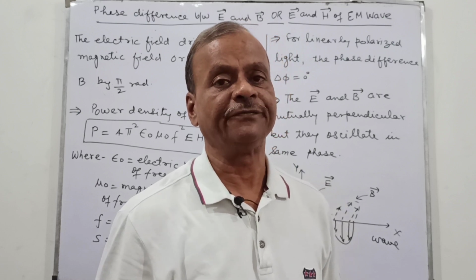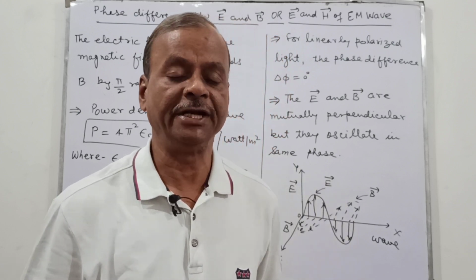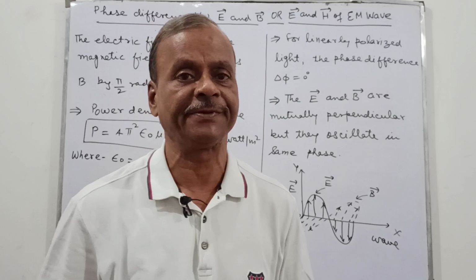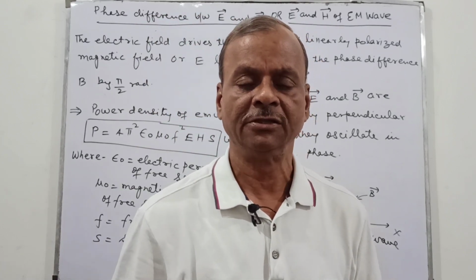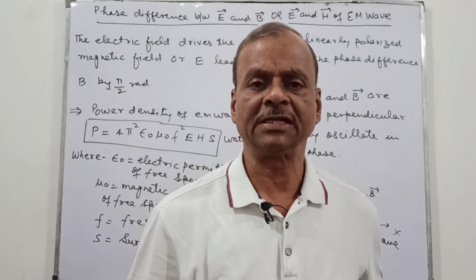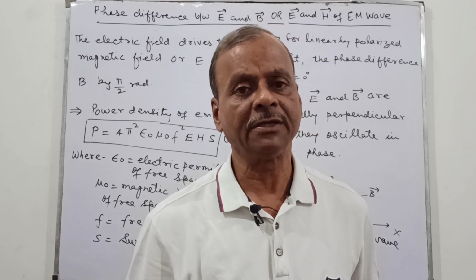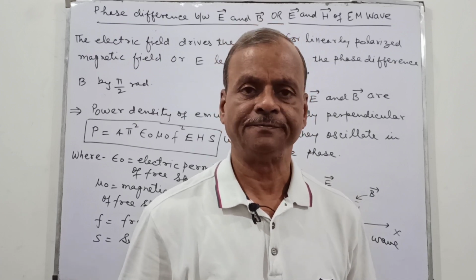So this is about the phase difference between E and B. Whenever the question is asked what is the phase difference between E and B or E and H of the electromagnetic wave, then this is 90 degree. Always remember that this is given 90 degree.